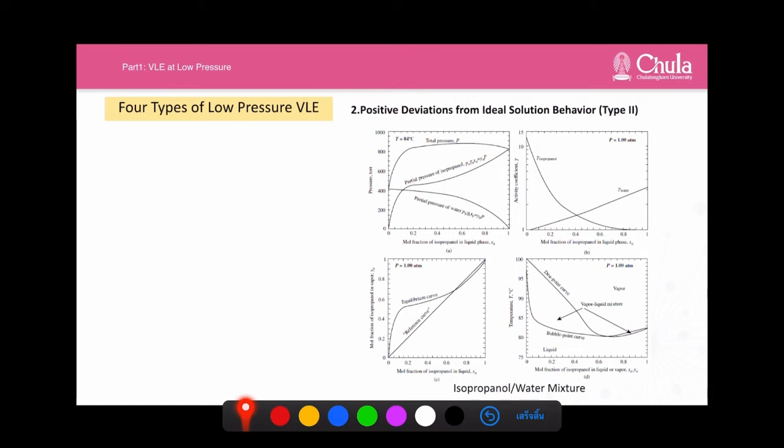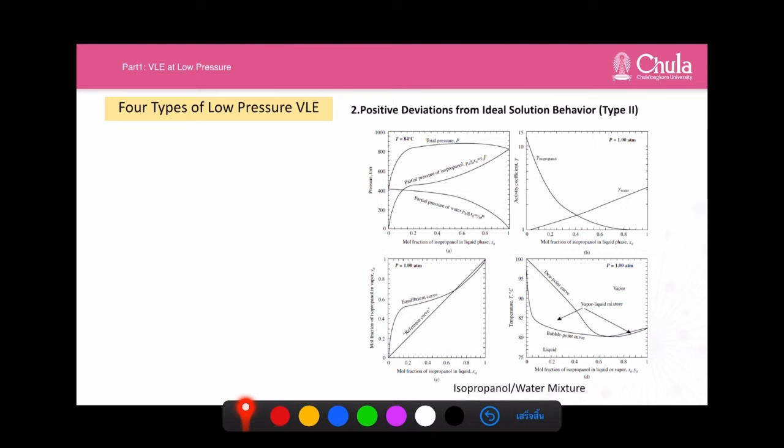So A tries to keep distance from B, and because A and B don't like each other, the best way to keep a greater distance is to evaporate, to be in the vapor phase.